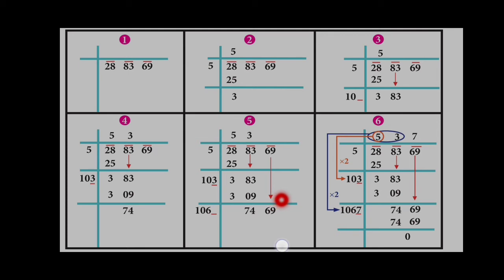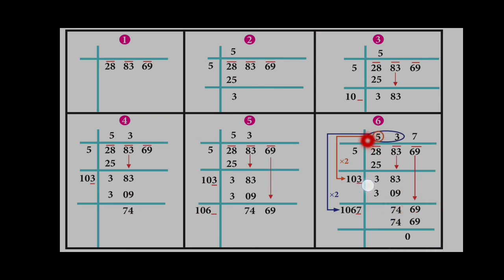So the last digit will be 9. So we can check with 7. So if we use 7, 7 sevens are 49, 9 carries 4, 7 sixes are 42 plus 4 is 46, again 4, 7 zeros are 0, 4 is there, 7 ones are 7. So 7469. When you subtract we will get 0.